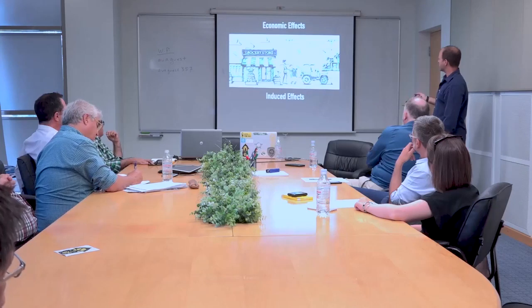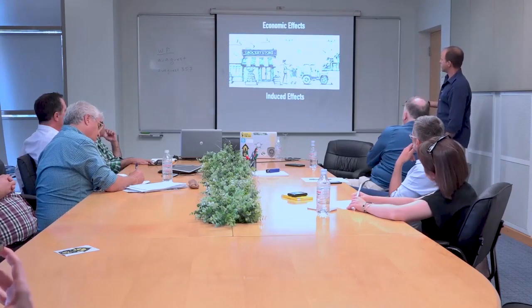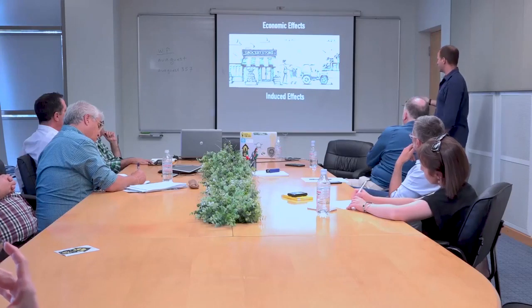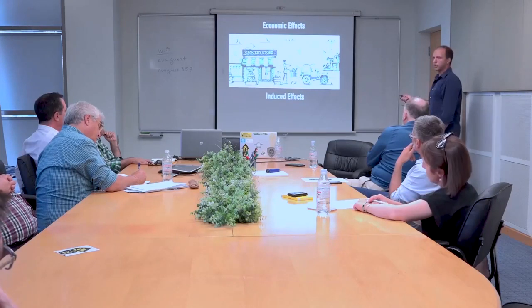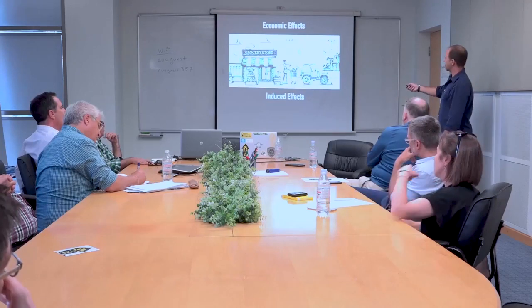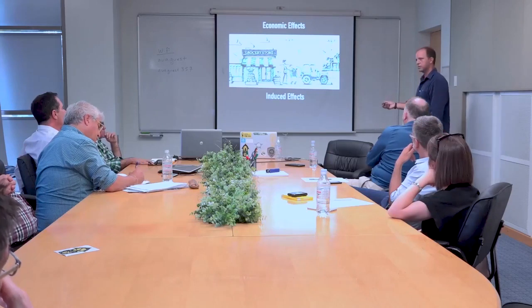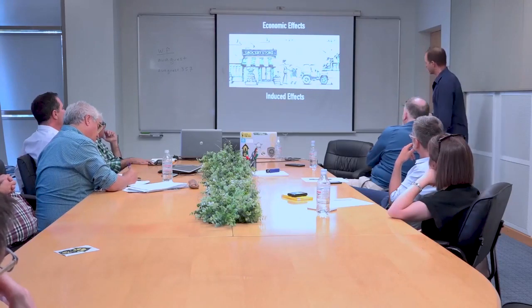The induced effect is because the lady who works in the restaurant gets her income, her salary, and then she needs to buy supplies for her house. She goes to the grocery store and puts food in the car. So the money that comes from her for her own needs is the induced effect.